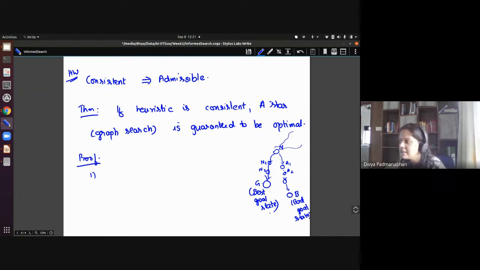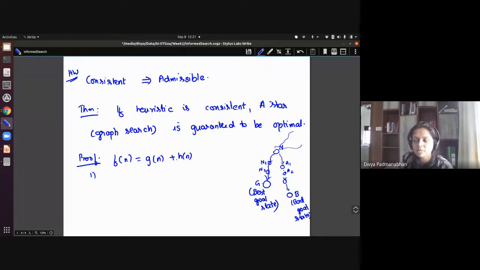Okay, so the claim is that A star is always going to hit G if the heuristic you have is consistent. The first way to approach this is, first you see that along any path you take, the value of f, so f of any state, is g plus h.